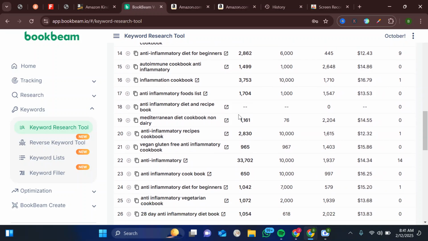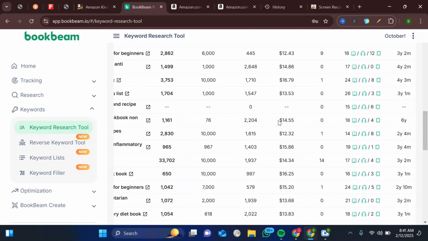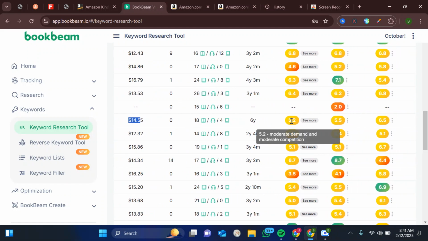Okay, this is also good. 76 competitors. This is perfect. Mediterranean diet for non-dairy, and it has over 1,000 search volume. Average price 14. Let's go more. Six years average book age.